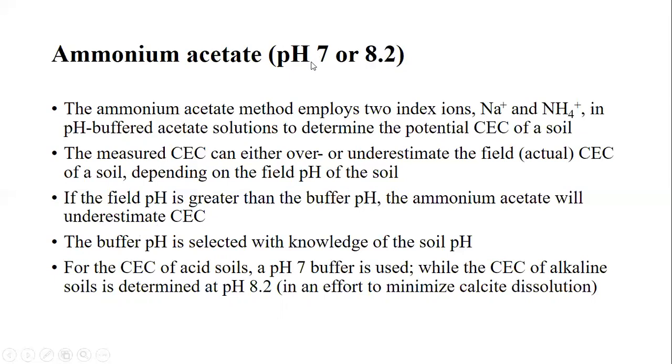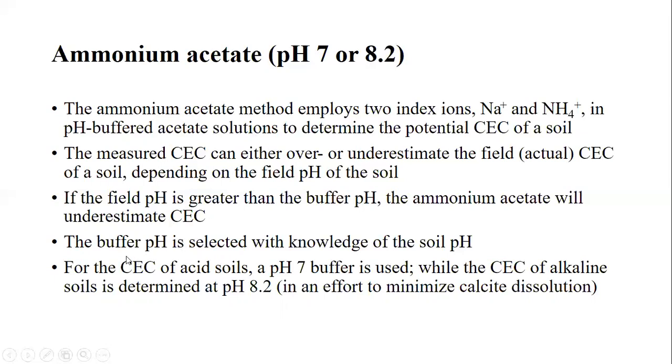So if the pH of the soil is 8, it will have higher negative charges than at pH 7. If we buffered it, we did not allow it to be like the real situation in the field, so we will not have the same number of negative charges. We will have lower negative charges, which means lower CEC. So that's why this type of buffer will underestimate.